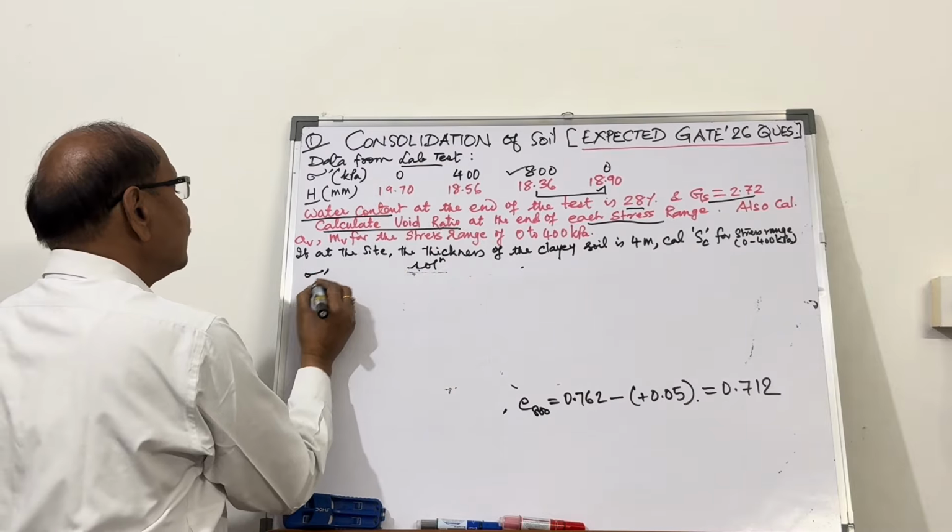So what is delta sigma prime? For the pressure range, delta sigma prime, you can calculate it in kilopascal.